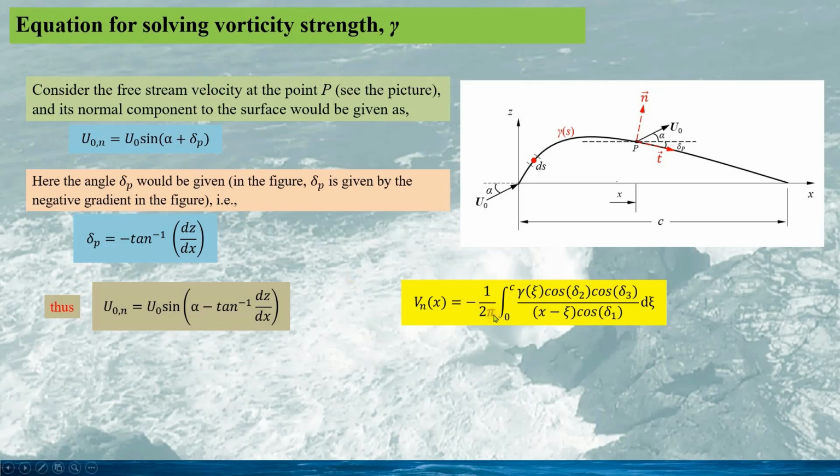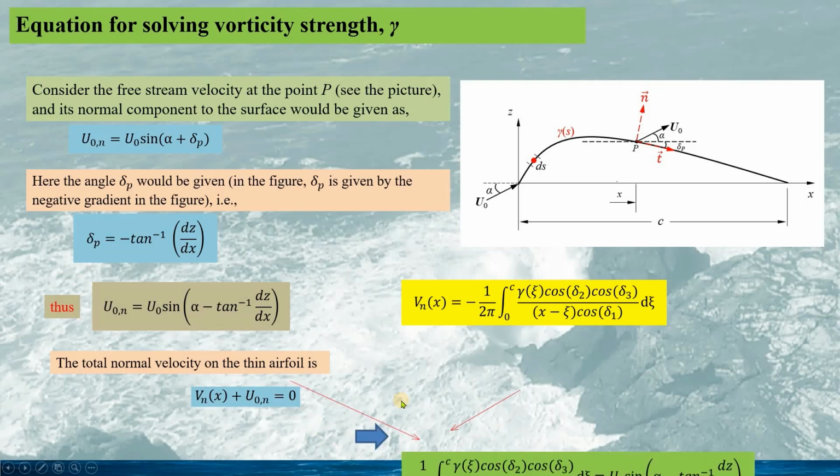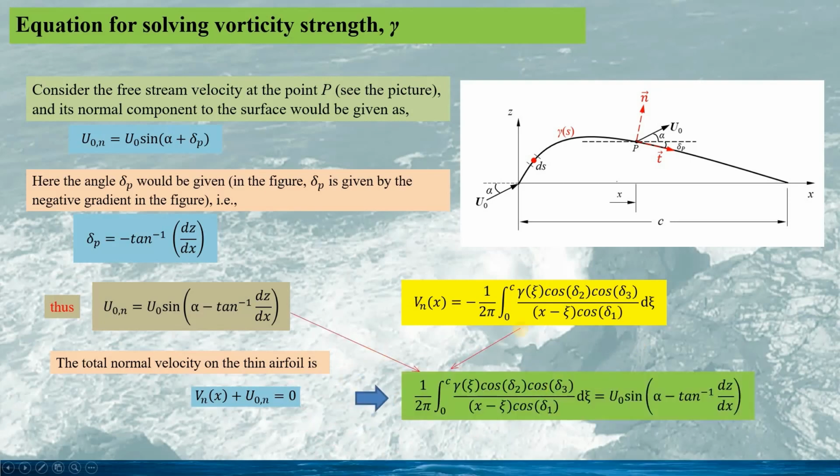And consider the normal component of the induced velocity. So, on the surface of the camber line, the total normal velocity would be 0, given by this expression. Put all this together, we could have the mathematical equation as this.